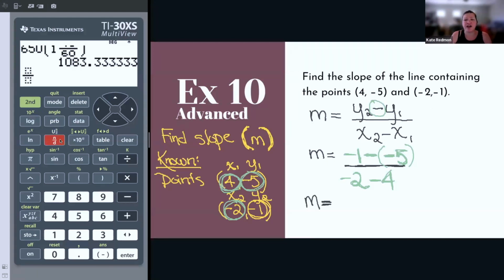So I'll start with the fraction bar when I have this long, ugly, nasty looking fraction with lots of things inside of the top and inside of the bottom. And I'll type -1 minus, open up my parentheses to do -5. Notice I use a different key for negative than I do for minus. So important to be able to read this sucker. When I arrow down and do -2 minus 4, press enter.